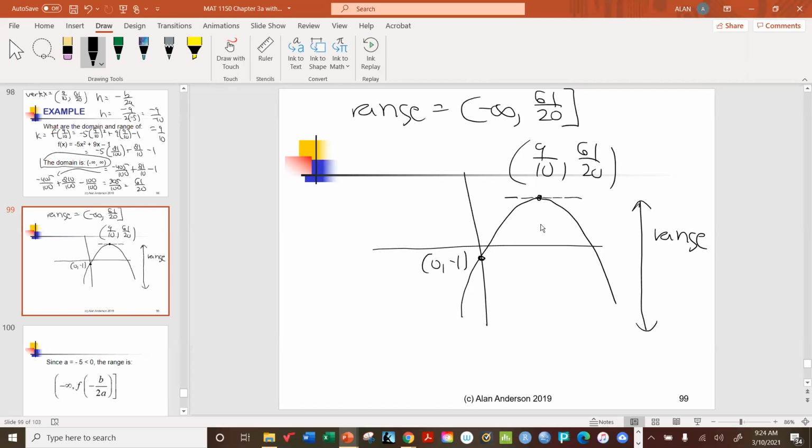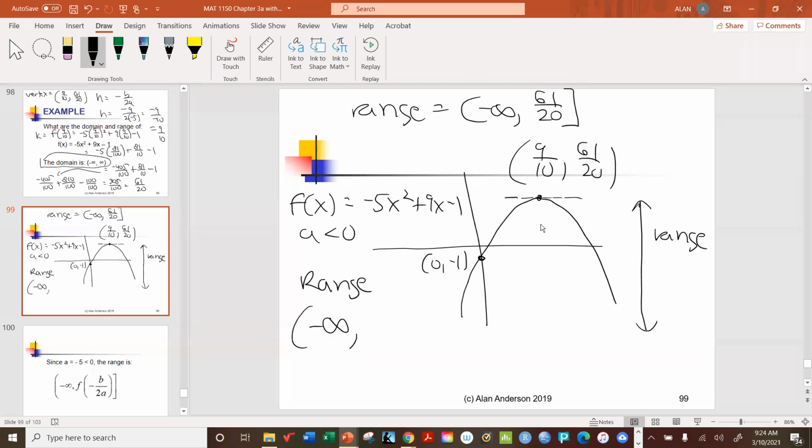But what we could have done to make things a little quicker is go back to the original equation. A is negative, which means this is downward sloping. And so the range, according to our formula, is... and so we've already done all the work here.